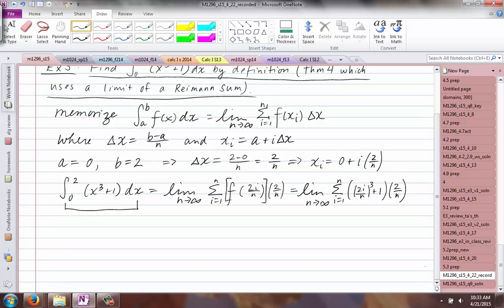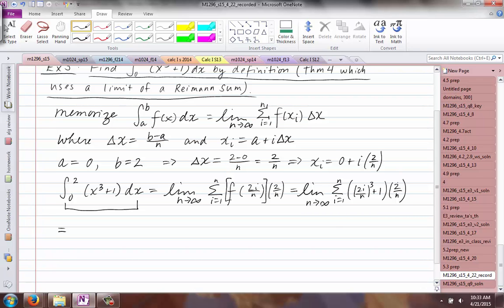So now from here, you're wanting to do some algebra and simplify so that you can get the sum of either a constant, the sum of i squared, or the sum of i cubed isolated. Then we have some properties that we can use, or rules, to get rid of the sum of those things.